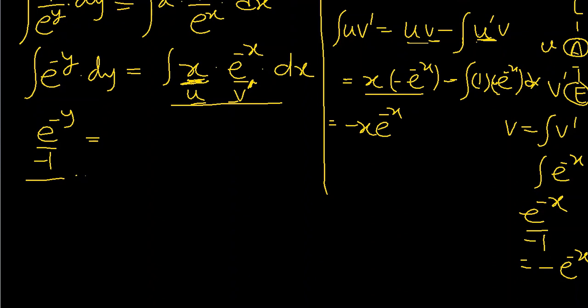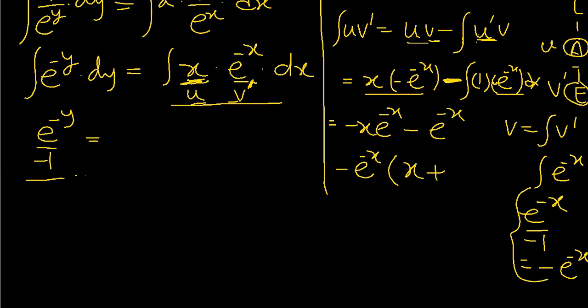And integration of minus e to the power minus x will be positive e to the power minus x by this method only. And because of this minus, that positive will again become negative. So minus e to the power minus x. Let's take minus e to the power minus x common, and we are left with what? x and plus 1.